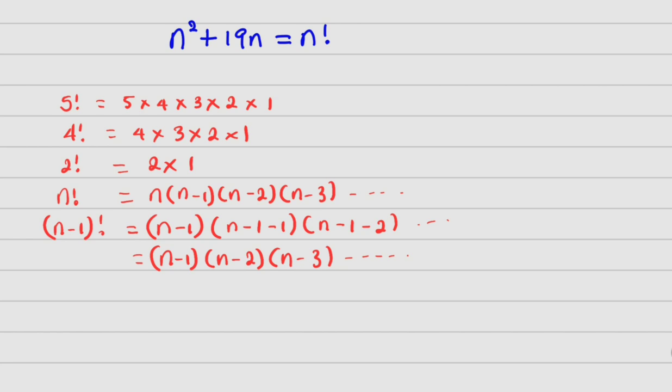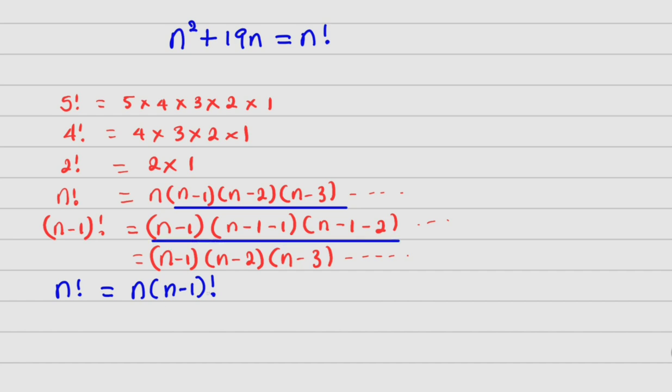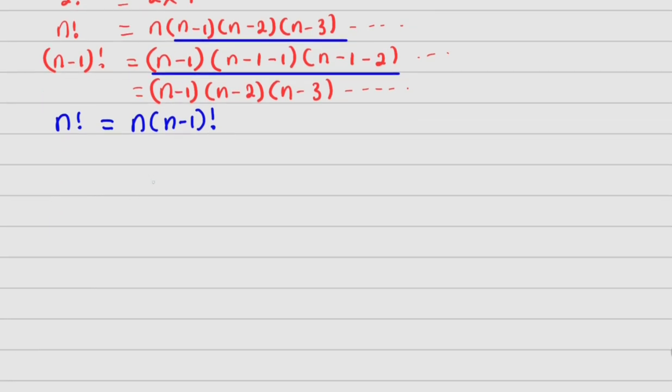So you can agree with me that from this, I can have my n factorial to be written as n into n minus 1 factorial. Why? Because from n minus 1, look at it, it will go like that. So I can summarize it to be like that. So I will now substitute it back into my expression so that I'm going to have n squared plus 19n is equal to n into n minus 1 factorial.